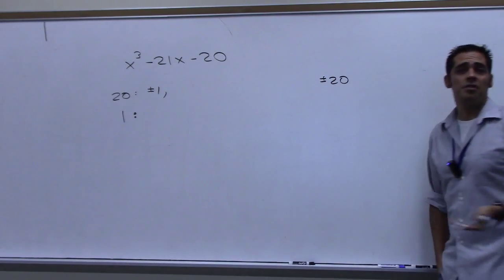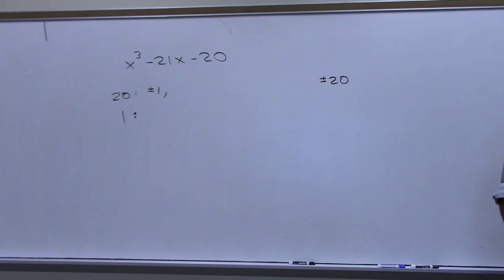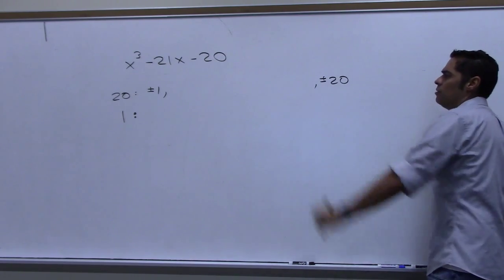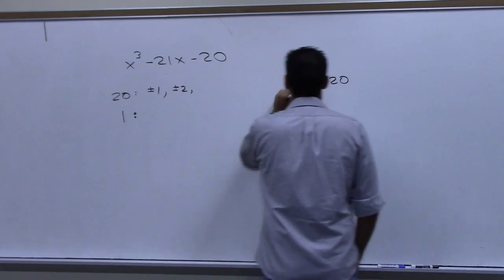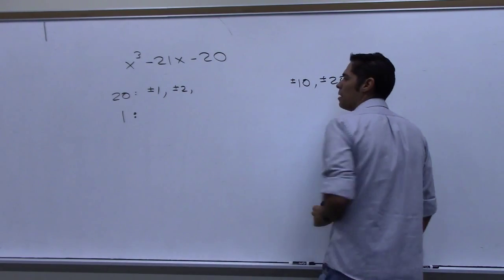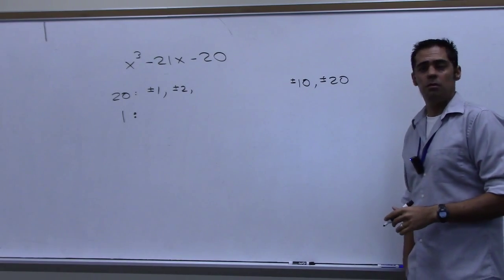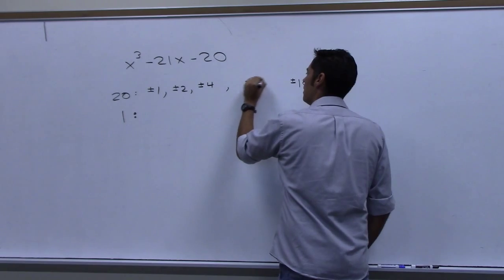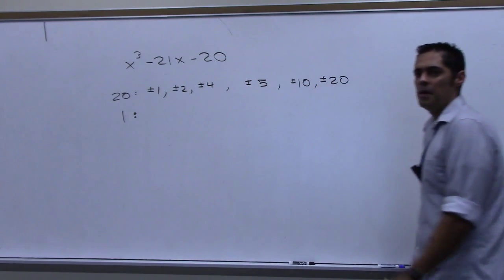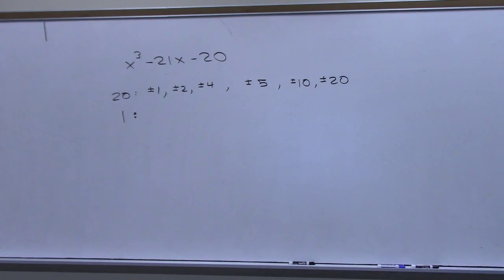And I'm going to go ahead and put plus or minus now because I'm going to wind up doing it later. How about 2? Does 2 go into 20? 2 and 10? 3? No. 4? 4 and 5? And we met in the middle, didn't we? Because my next number would be 5. I already did that.